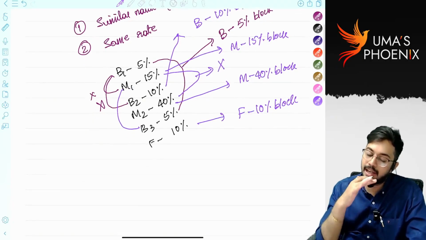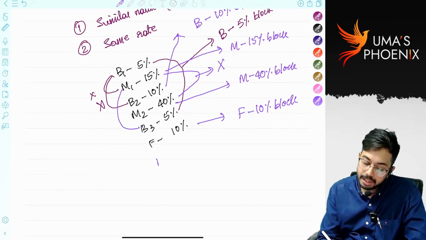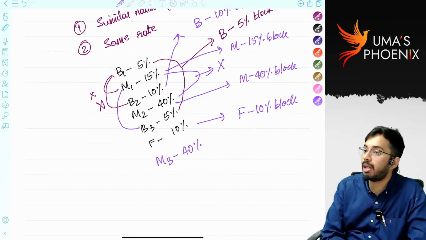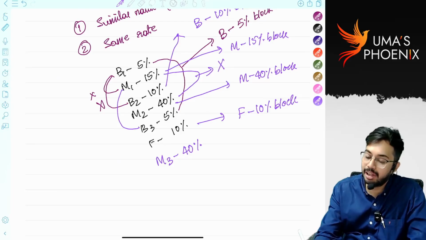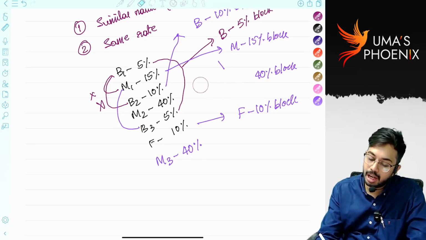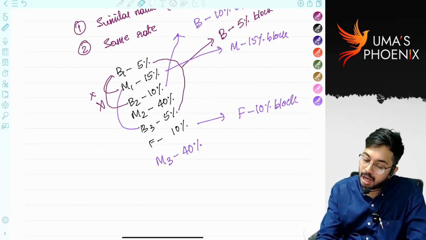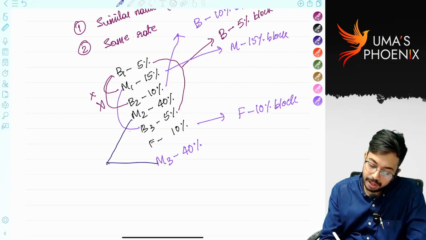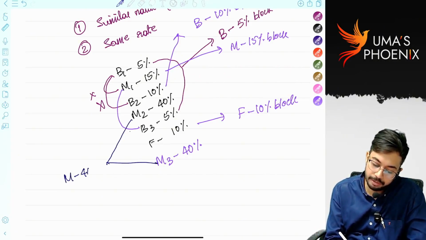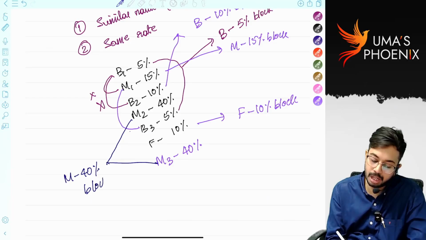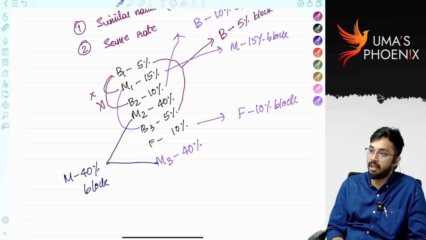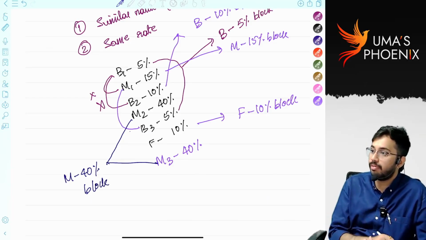Let's say for example, machinery 3 is there, its rate of depreciation is also 40%. Now what will I do? Machinery 2 and machinery 3 I can classify into one block, machinery 40% block, because both are machinery and both have the same rate of depreciation.